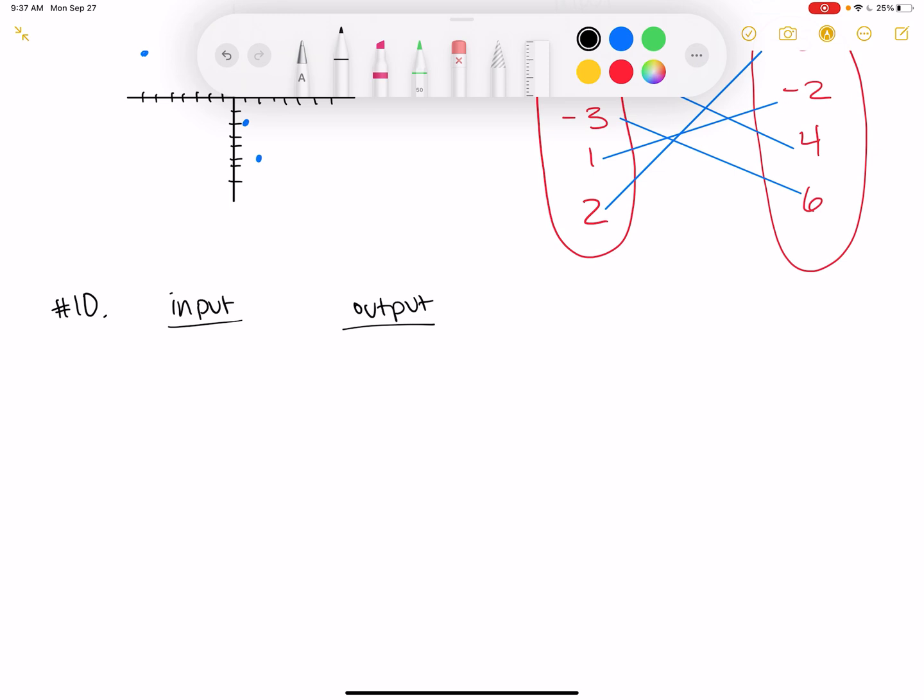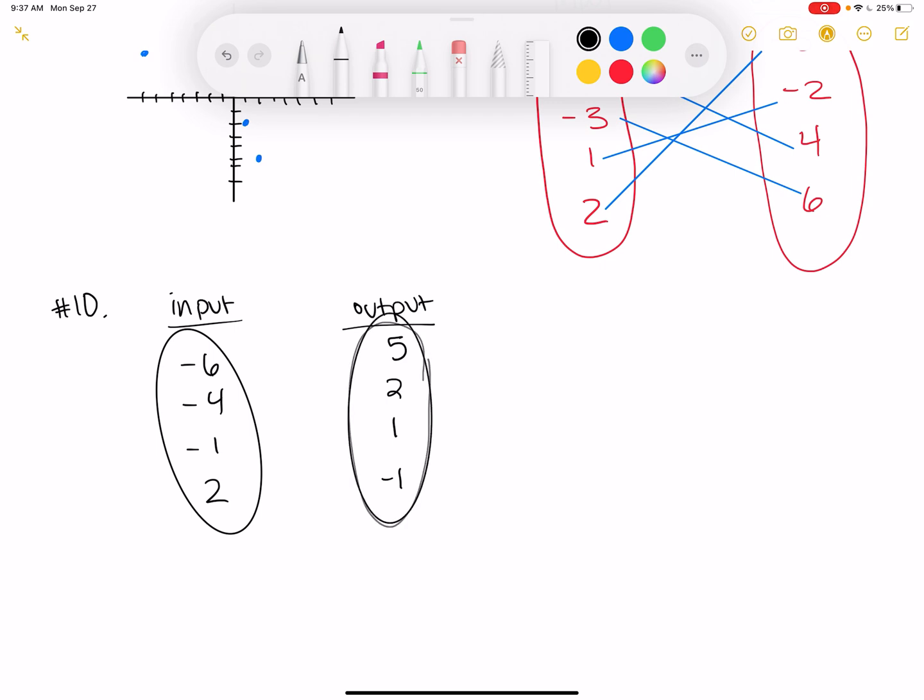All right, so this one we have -6, -4, -1, 2, 5, 2, 1, -1. So obviously they didn't write them in proper order, but that's okay. And then their matchups that they gave us are just straight across.